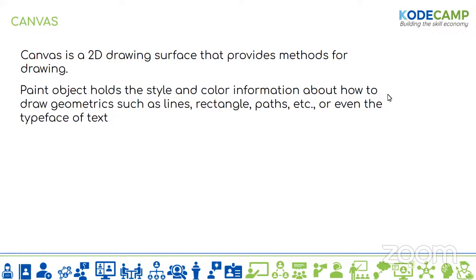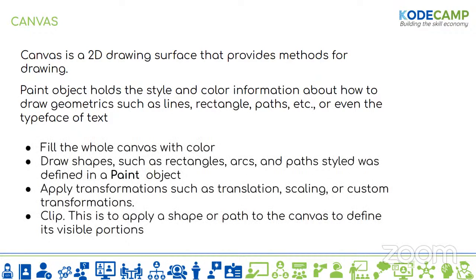Now, there are certain operations that we can perform on a canvas, that is on a 2D drawing surface. I'll list them out here. You can fill the whole canvas with a color. You can draw shapes such as rectangles, arcs, and paths, styled as defined in a paint object.